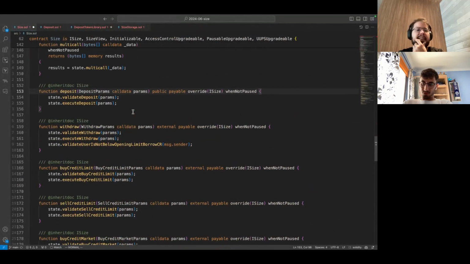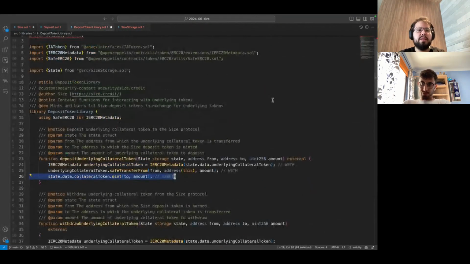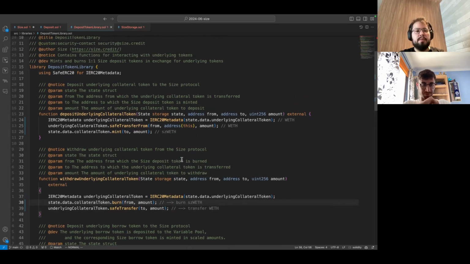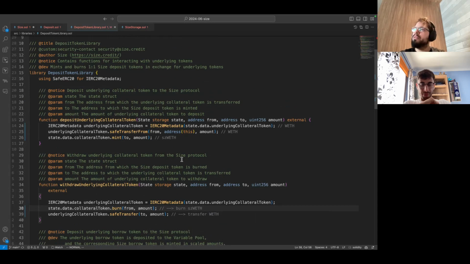And in our case, we do this with deposit. We give you a deposit token, it's an IOU basically. Whenever you withdraw, we just burn. Here, we burn size ETH, and then we give you back real ETH. That's the idea.